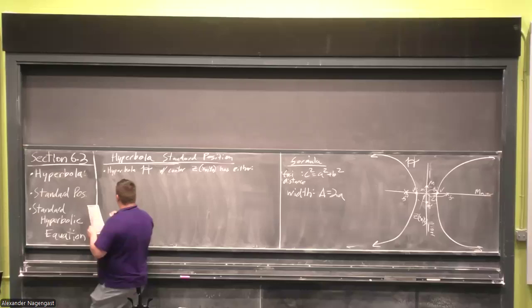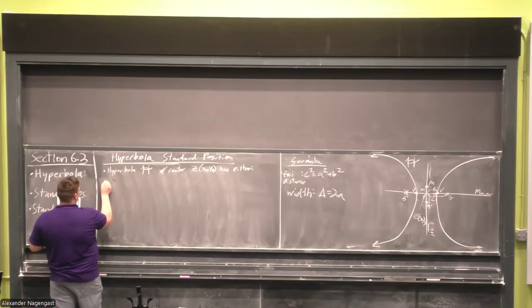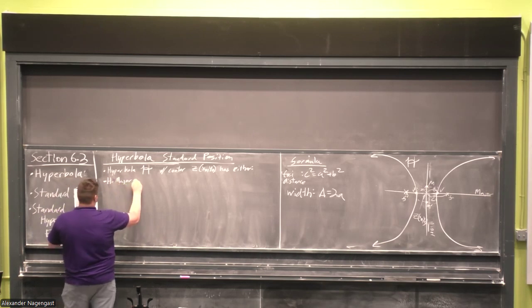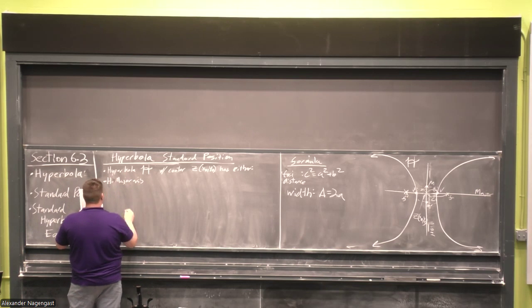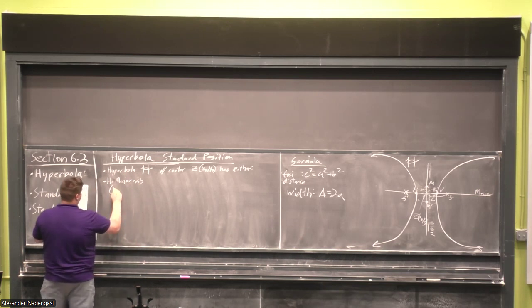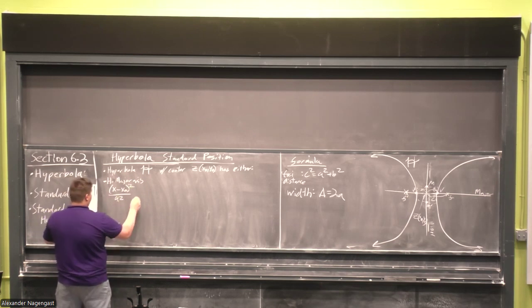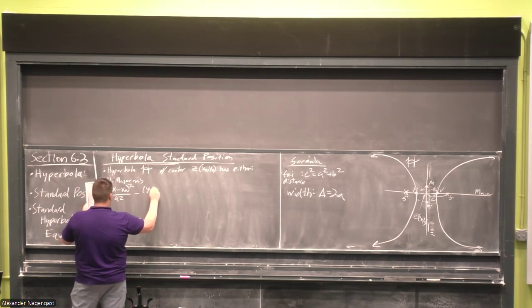So in the first case, we have the horizontal major axis. And we'll now have the formula of x minus x naught squared all over a squared minus y minus y naught squared all over b squared is equal to 1.